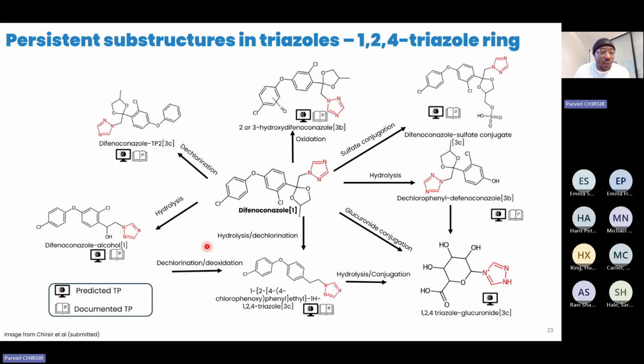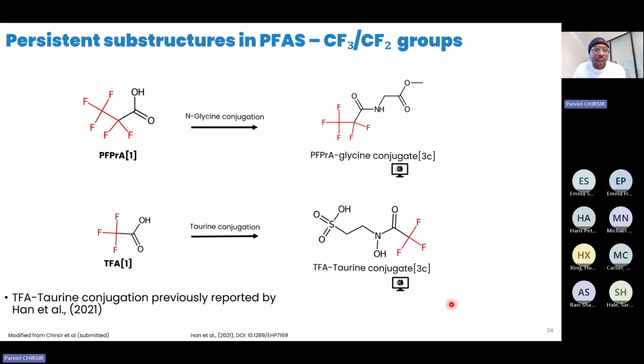A similar case was also noticed for the 1,2,4-triazole ring, which was also conserved in the transformation products, showing that this is also a persistent substructure. And for the PFAS, we had the CF3 and the CF2 groups also conserved in transformation products, showing that these groups are also persistent moieties in transformation products.